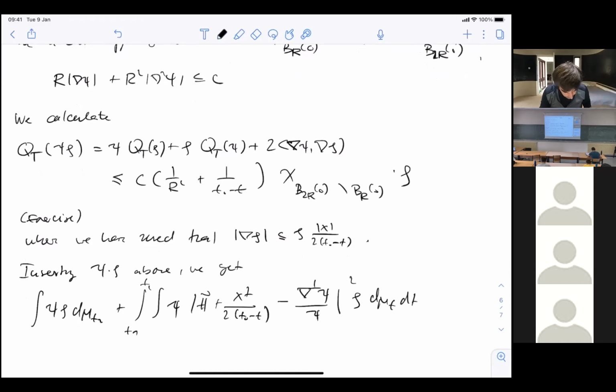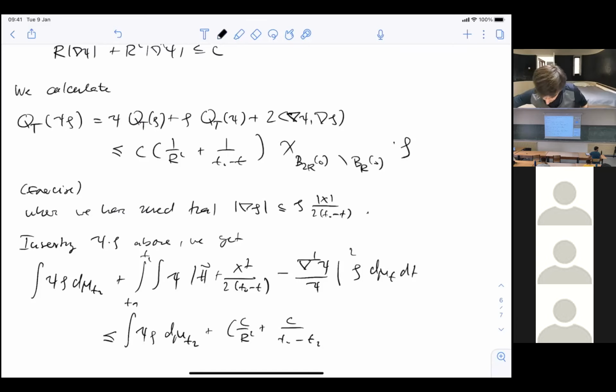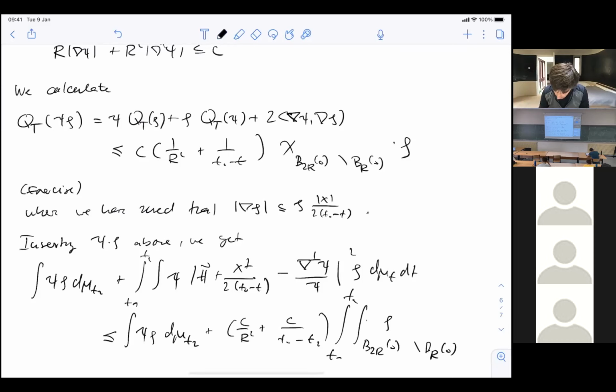Okay, and that is less or equal than the integral of psi times rho d mu t2 plus c over r squared plus c times (t0 minus t2), and the integral from t1 to t2 of the integral over B2r(0) without Br(0) of rho d mu t dt.